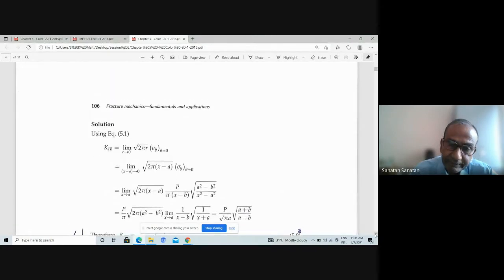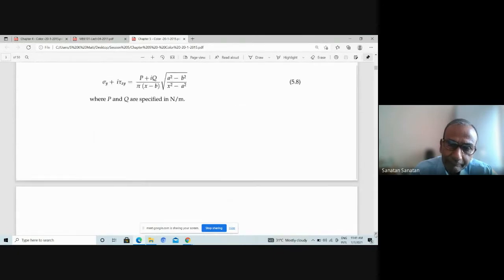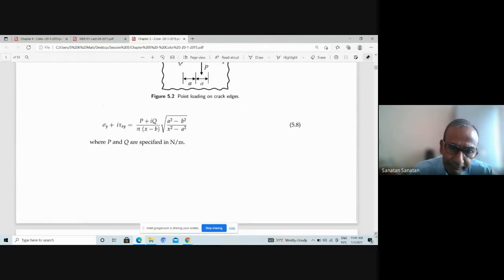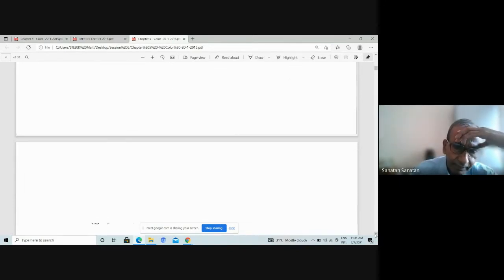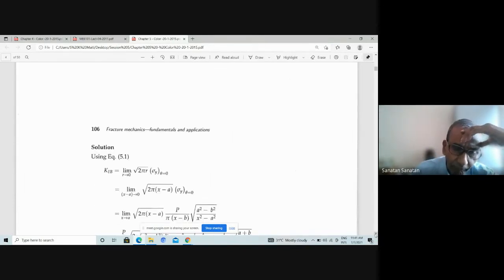If you are interested in obtaining the SIF at the tip B, then in that case you see that your expression for stresses is there, and then we make use of the state formula at the crack tip B. The SIF is limit r tends to 0 of root 2 pi r sigma y at theta corresponding to 0.